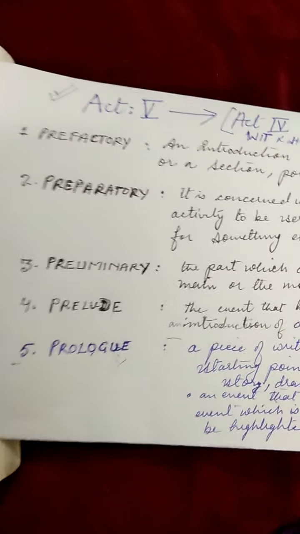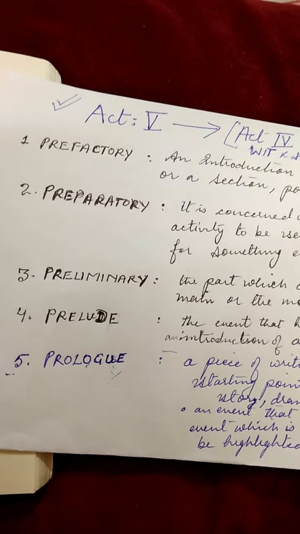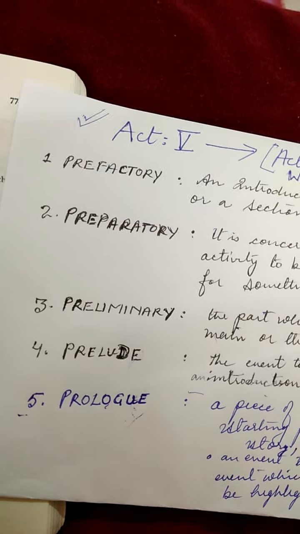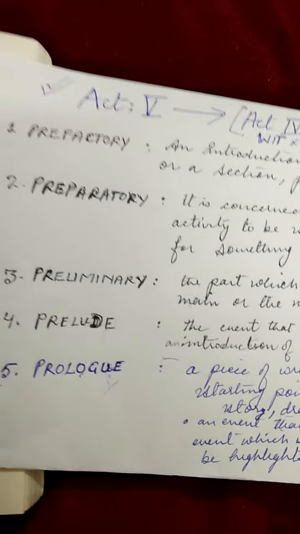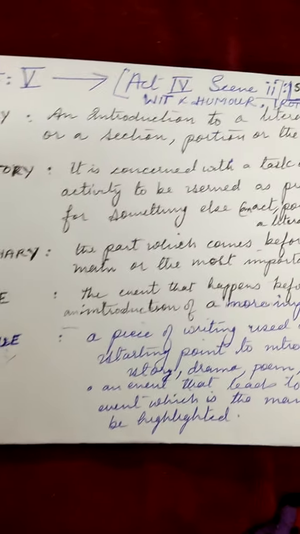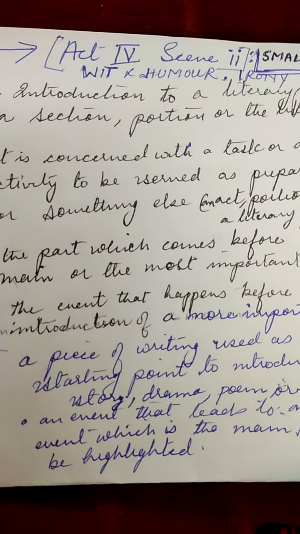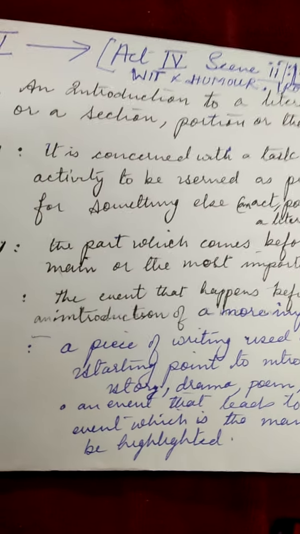So this is the only point I would like to highlight. And it can be preliminary, it can be prelude or prologue, or at the same time prefatory. Now, your concept should be clear about these words, and you must have got the point that this is just 22 lines and a very interesting scene.